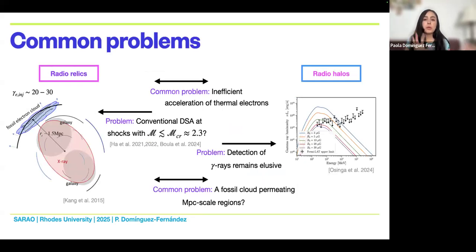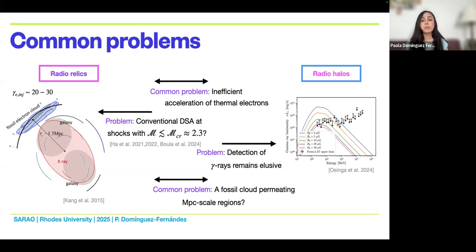So here I'm trying to summarize all of these problems, right? We seem to have some theoretical background for what is happening both in radio relics and radio halos. We have particle acceleration mechanisms that we think could work. A common problem is that it seems these mechanisms are inefficient for accelerating electrons from the thermal pool. And a common solution has been to have a fossil population of electrons.